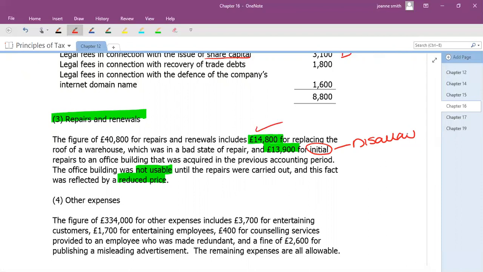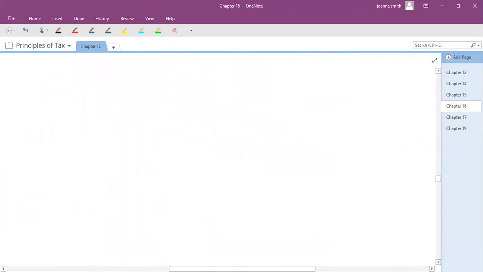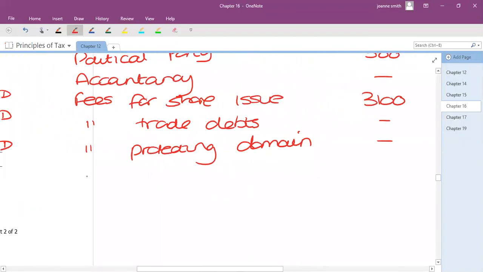But if it says in the question that it wasn't usable without spending the money and you bought it cheap, then we have to disallow it. So, roof repairs, we're going to allow, and I'm just going to put initial repairs, we're going to disallow.